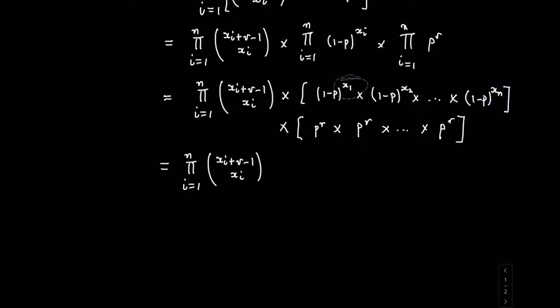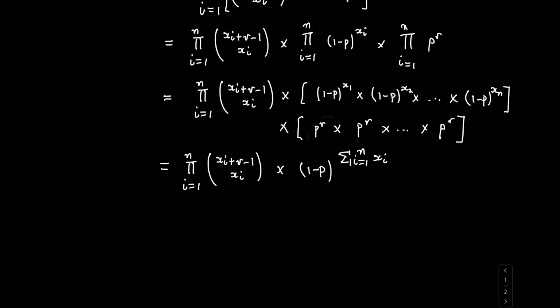In other words, x1 plus x2 plus all the way to xn. Or, in shorthand notation, we can just write the sum from i equals 1 to n of xi in the power, which is a nice succinct expression. And then, of course, we have our p to the r's.